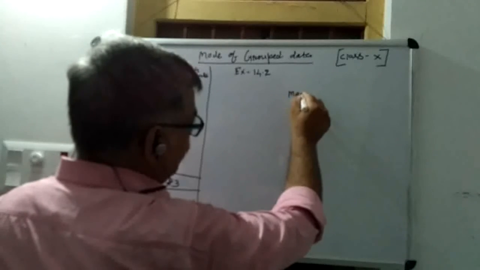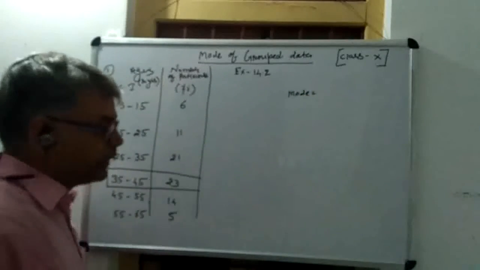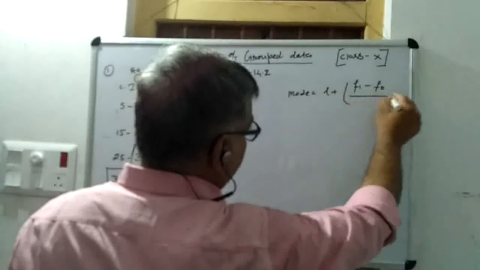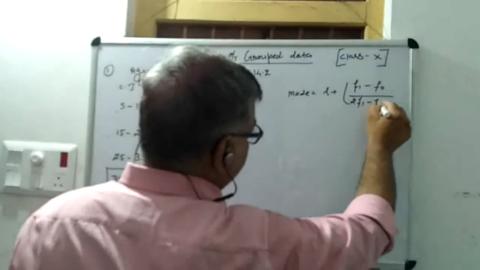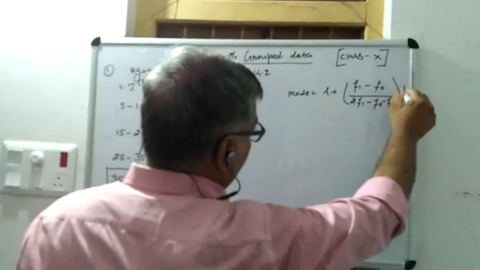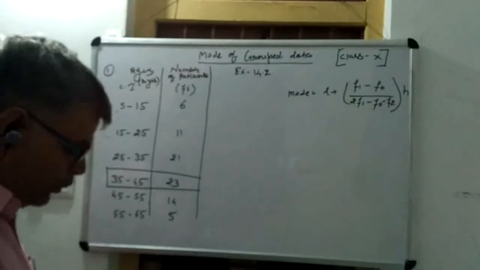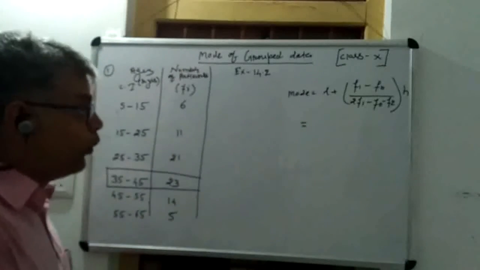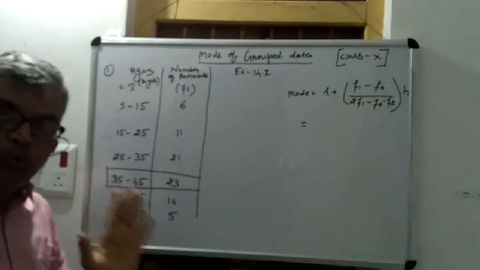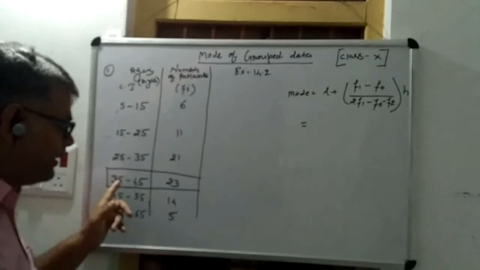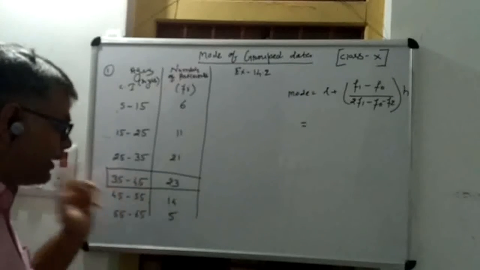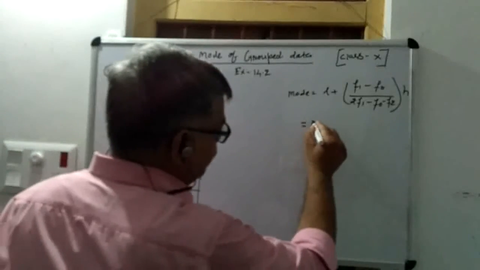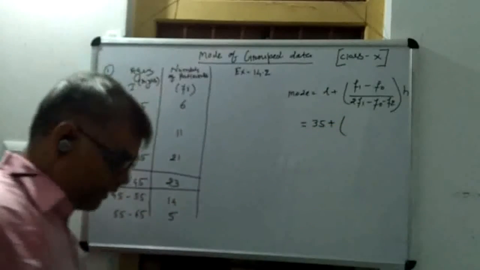As you know, mode equals L plus (F1 minus F0) by (2F1 minus F0 minus F2) into H. Just put the values of all things. What is the lower limit of the modal class? In the class 35 to 45, the lower limit is 35. So put here 35 plus F1.